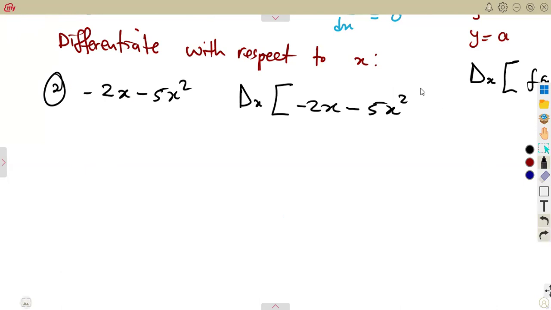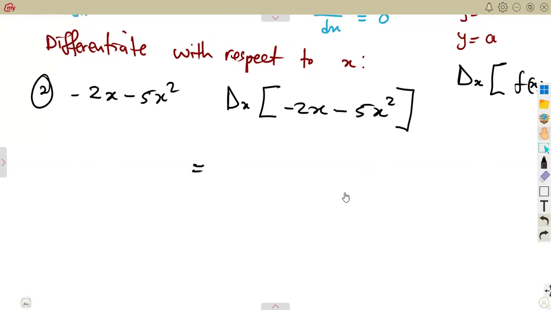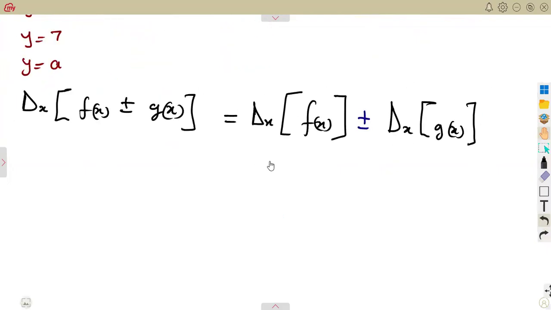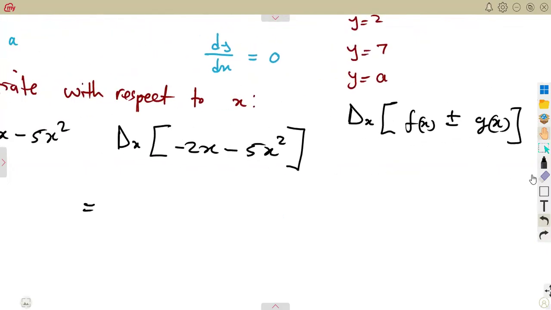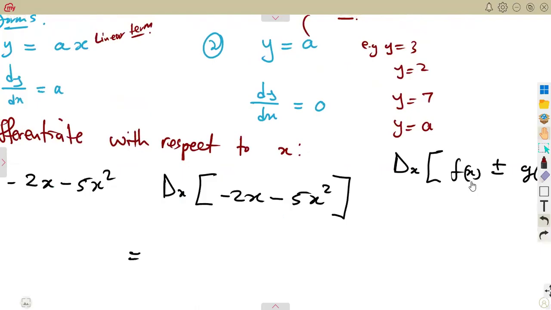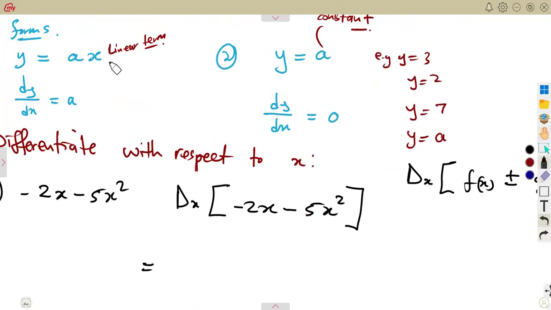Remember, we said whenever a condition of this is applicable, we differentiate every term that is inside of the bracket. Derivative with respect to x of the one function, derivative with respect to x of the other function. So in this case, we're going to differentiate minus 2x. Minus 2x follows the concept of ax. Remember, ax is a linear term, so you're going to have a. So this will give us a negative 2.